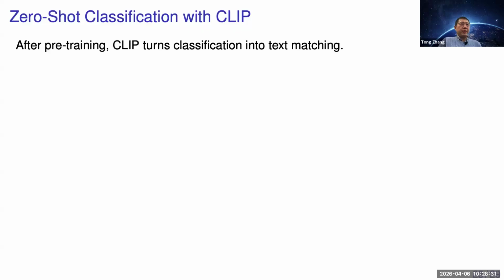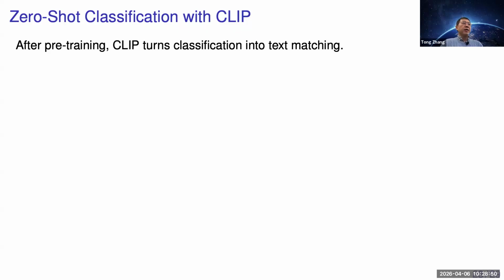So, zero-shot classification. One thing about CLIP, which I already mentioned earlier, is that it can do zero-shot classification. Here we try to do it more specifically. After pre-training, CLIP turns classification into text matching.